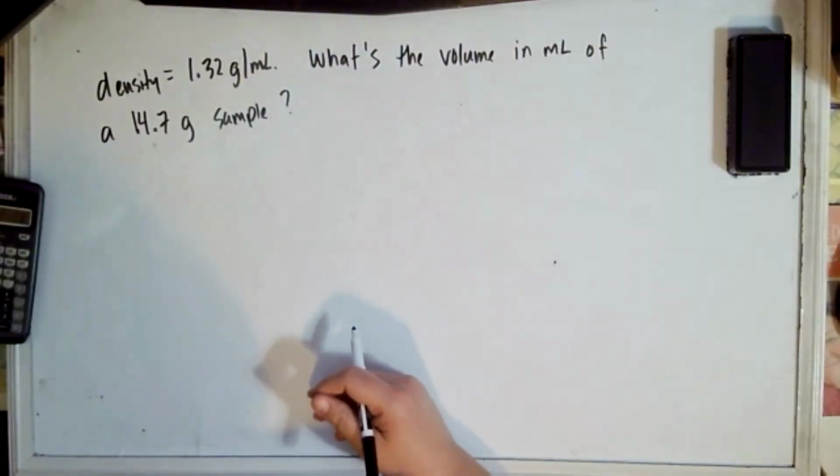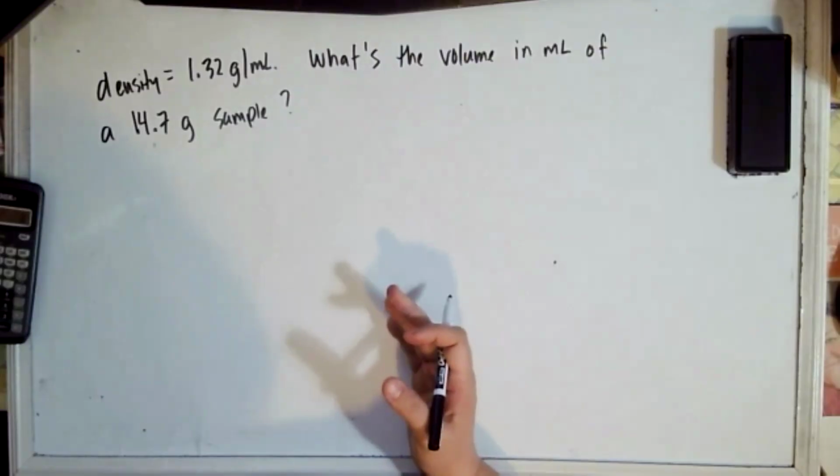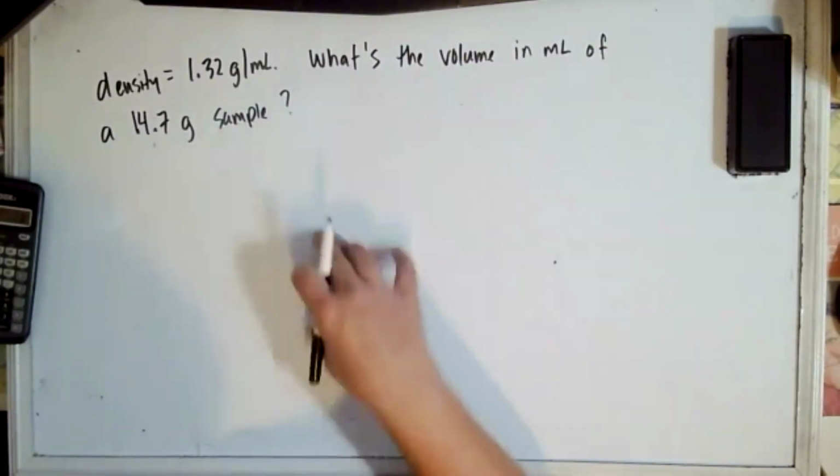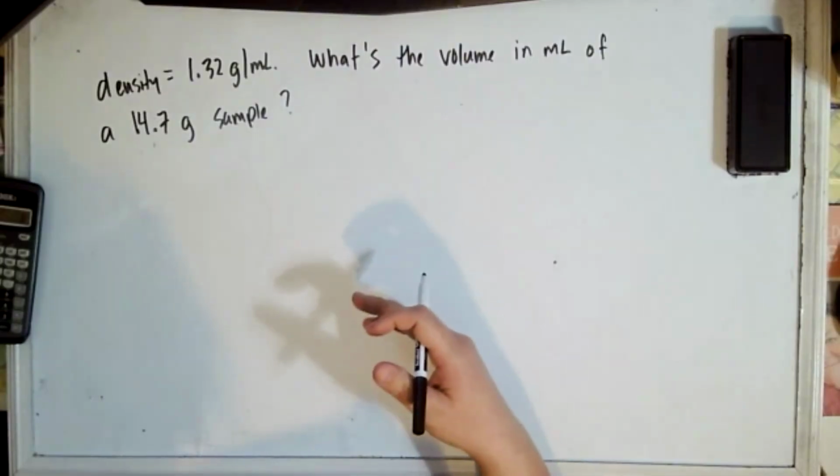You can do this two ways. You can solve the density equation, plugging in density equals mass over volume and solving for volume.